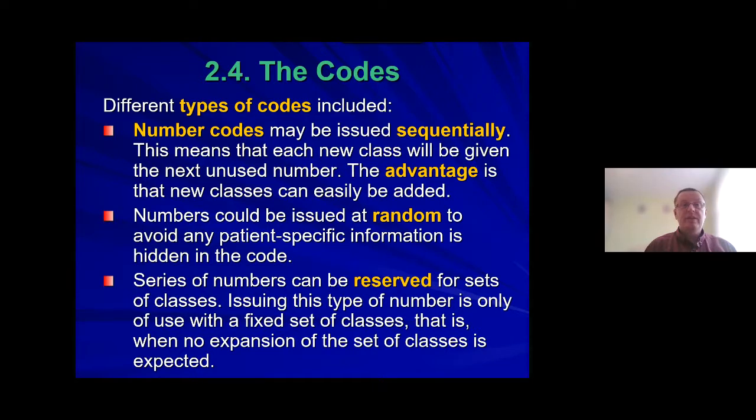In this case, it is very easy to hide some personal or specific information. But in this case, it will be very difficult to deal with the addition of new classes or perform some sorting and so on. And series of numbers can be reserved for sets of classes and issued only under special, specific conditions.